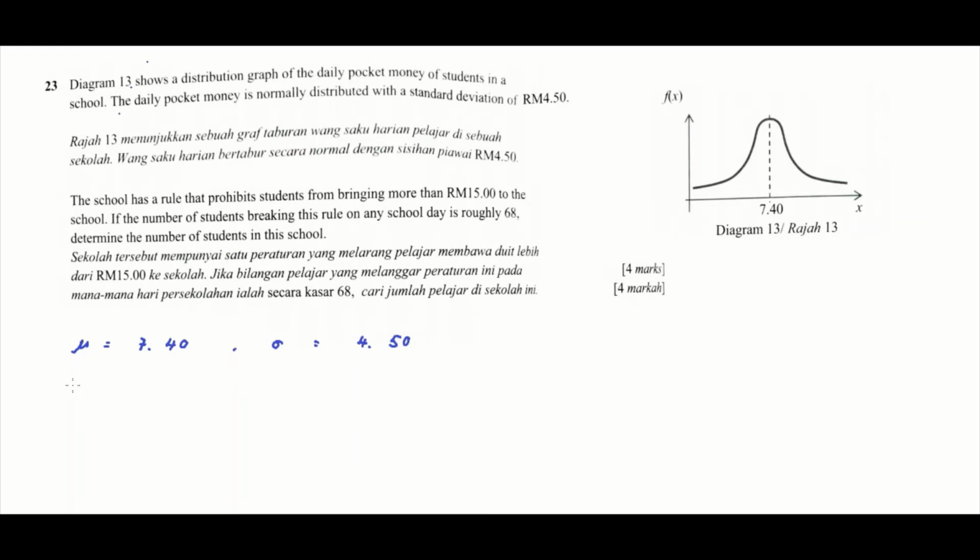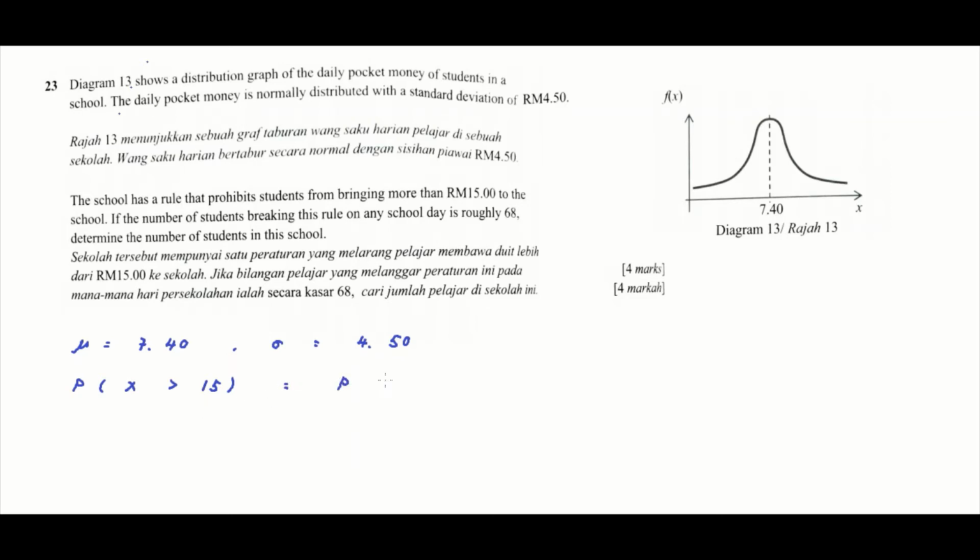So we want to find the probability for a student bringing more than 15 ringgit to school, because this distribution is the pocket money.